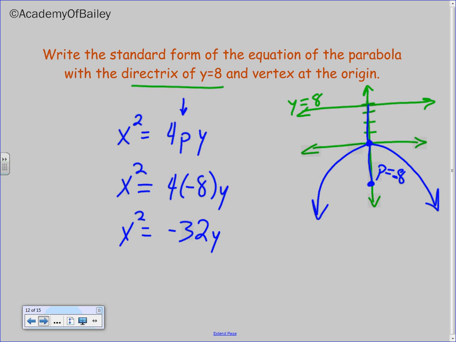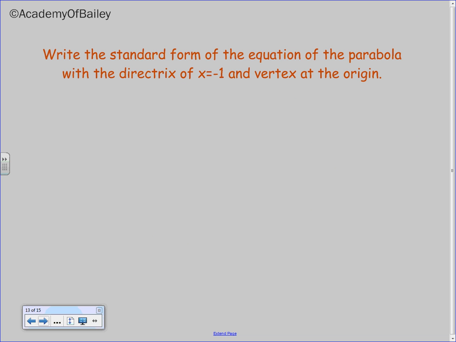And here, same thing. Let's start off by graphing the vertex. It says x is equal to -1, so here's the vertex, and that's the directrix. Right there is the vertex, and we know it must open to the right.